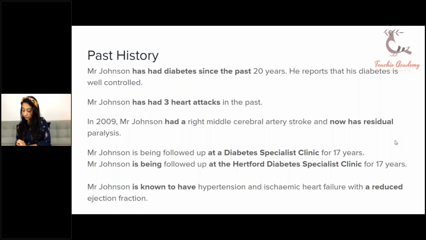So Mr. Johnson has been suffering from diabetes for the past 20 years and he mentions that it is well controlled. Okay, so Yash, you're going to write Mr. Johnson has been suffering from diabetes. So the thing about suffering is, we discussed it in previous sessions as well.